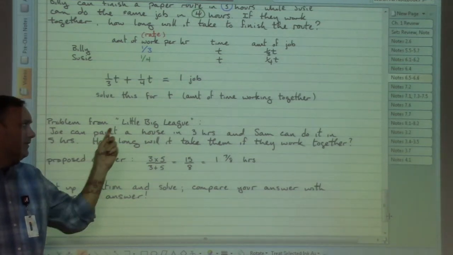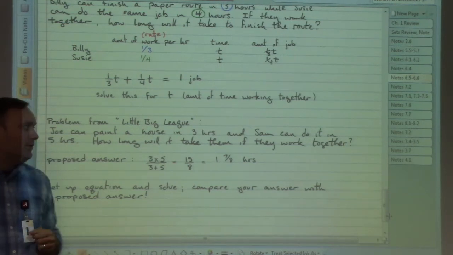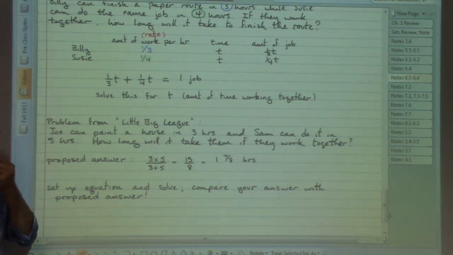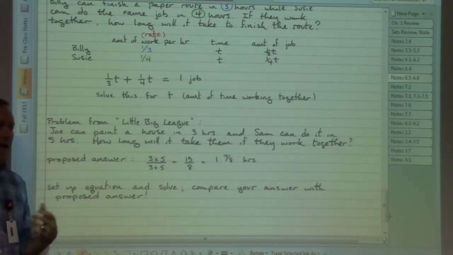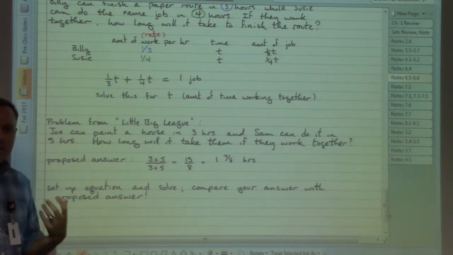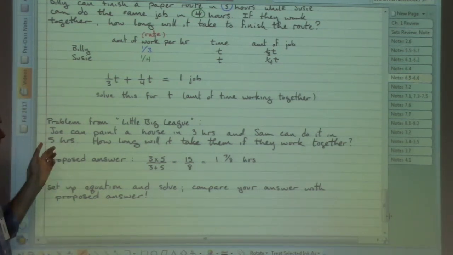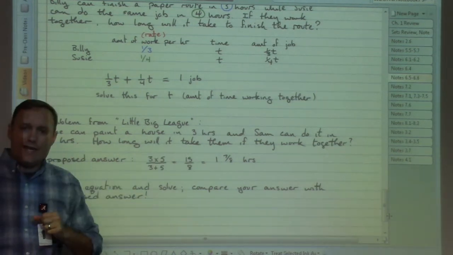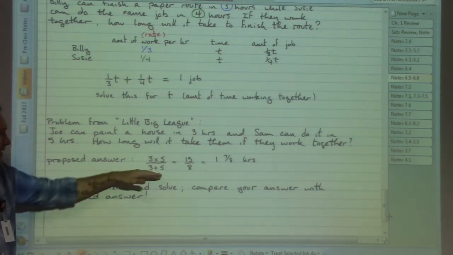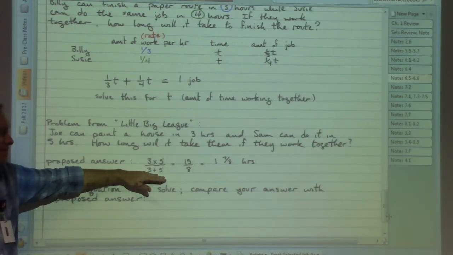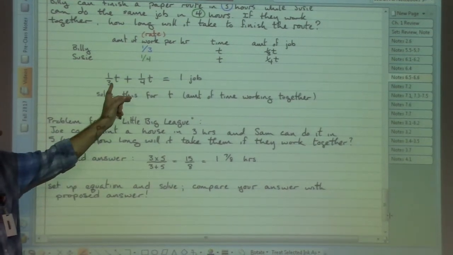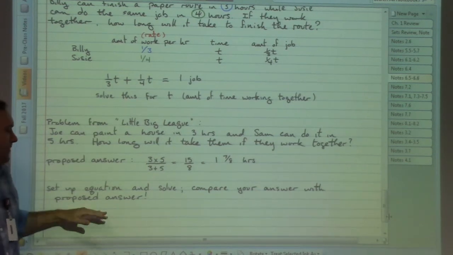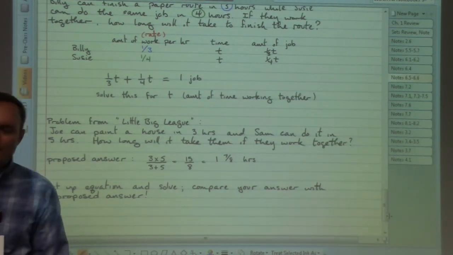If you Google Little Big League math problem, you'll find a cute little clip of all of these baseball players and the kid arguing about how we're supposed to work out how Joe can paint a house and Sam can paint a house, and if they work together, how long will it take them? And here's the proposed answer, and you can verify through a similar sort of setup as to this example whether that proposed answer is in fact correct.